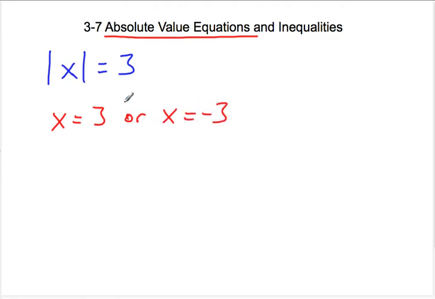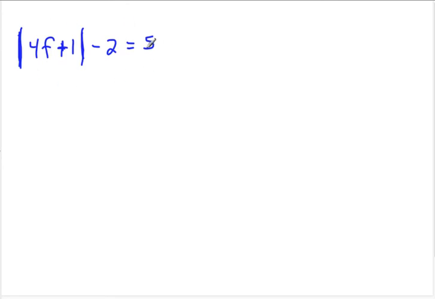Okay, so this is going to tie in the lesson from 3.6 to absolute values and absolute value equations, and also to absolute value inequalities in the next video. So it's important here to understand that we're not only going to isolate this variable, but before we do that, we're going to isolate the absolute value, like in the case of this equation.